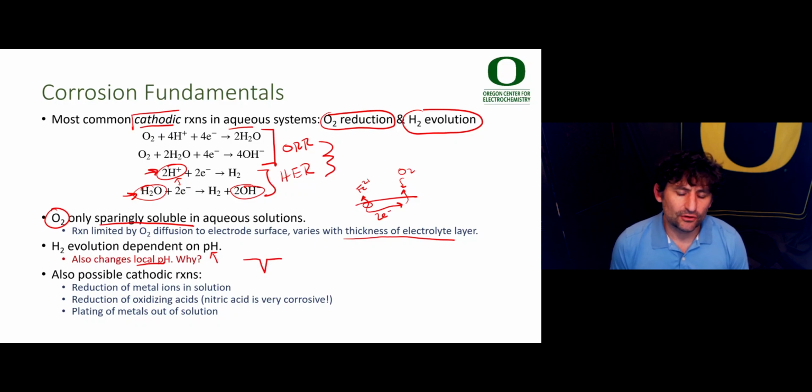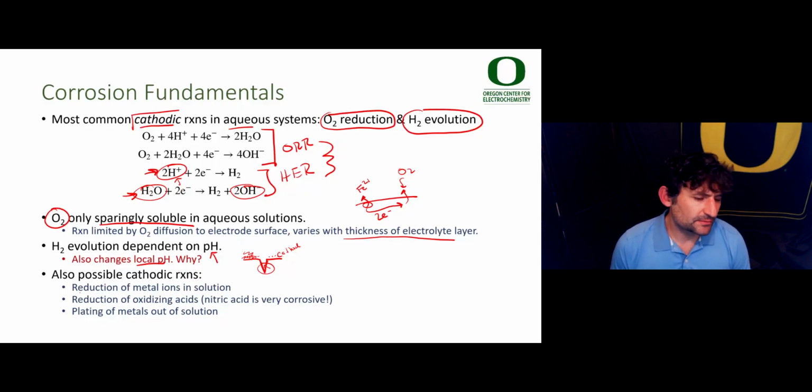If I'm driving a reaction that consumes protons, so my cathode's over here, the pH over here is going to start increasing as I'm consuming those protons. That will make the corrosion tend to want to continue to occur within the crevice, where it's not as basic as the exterior, where the oxygen reduction or proton reduction reactions are taking place.